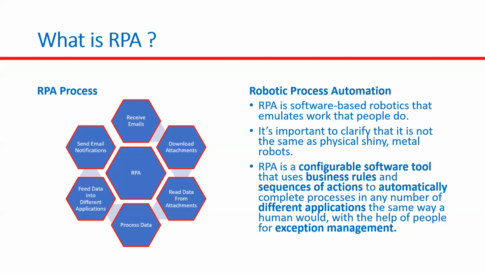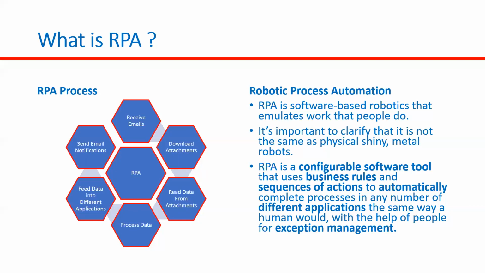If we go for RPA, the RPA tool should have the capability of configuring the options, so that we need not code. Whatever we want to automate, just configure and go for the process automation.